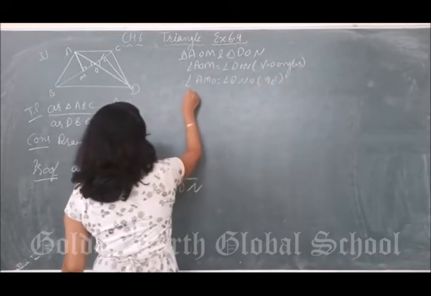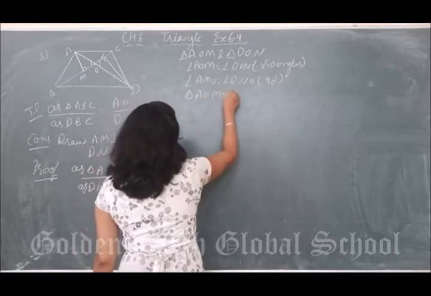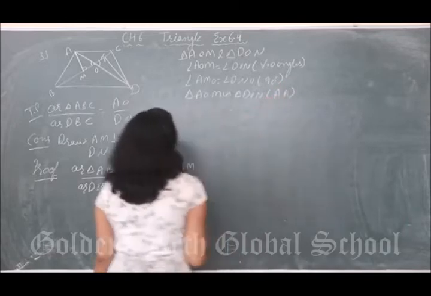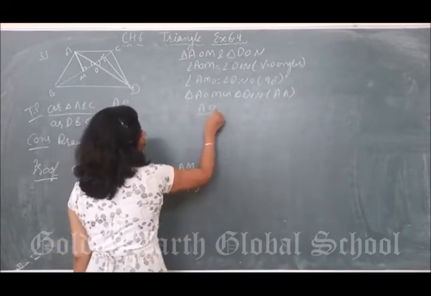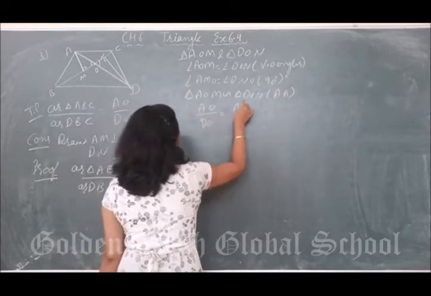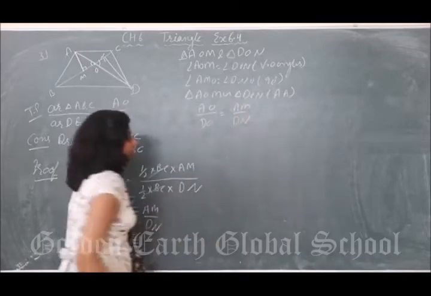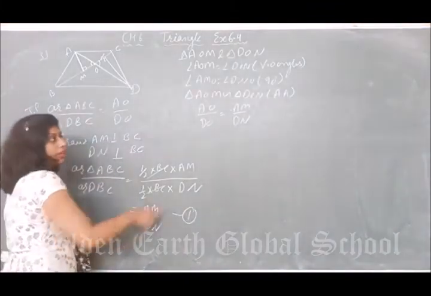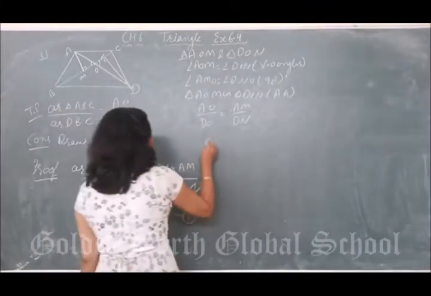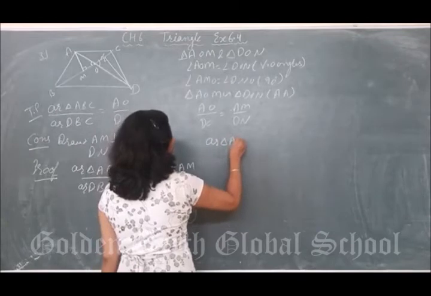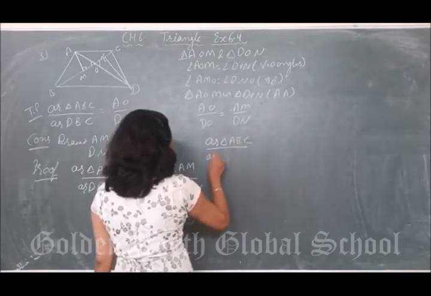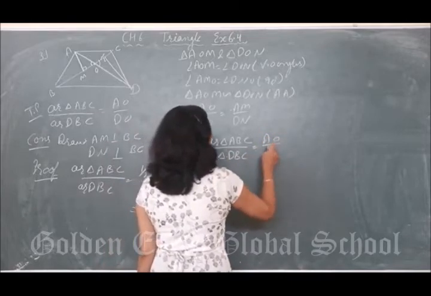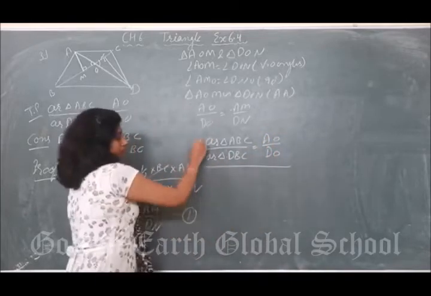So we can say the triangles are similar by AA. Now consider the ratio: AO upon DO is equal to AM upon DN. Now from the first equation, replace AM and DN by AO and DO. So area of triangle ABC upon area of triangle DBC is equal to AO upon DO. Clear?